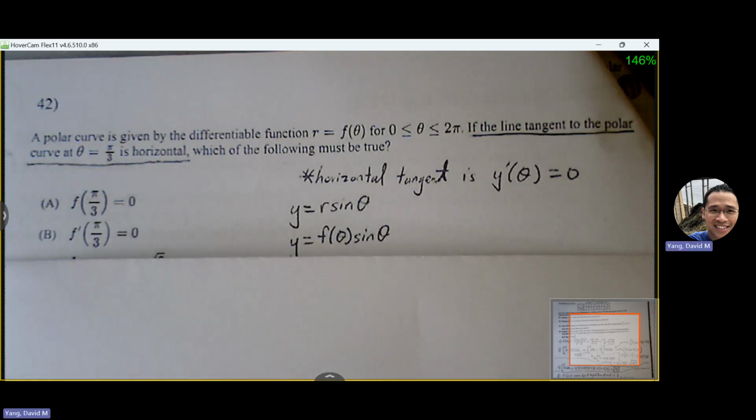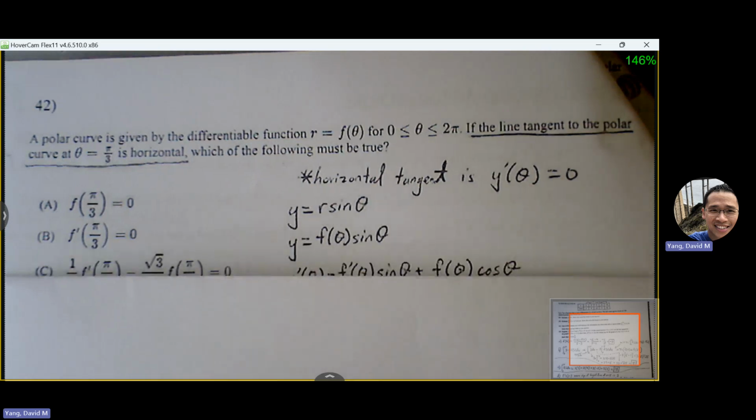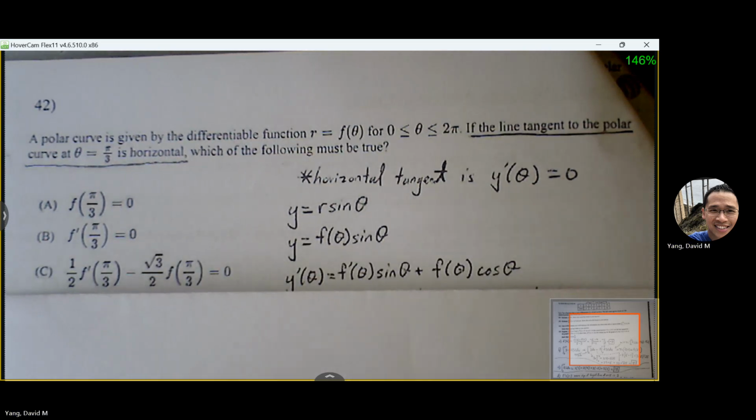So build your y equation. Find the derivative, set that equal to 0. We go through product rules since we don't have f of theta to work with.